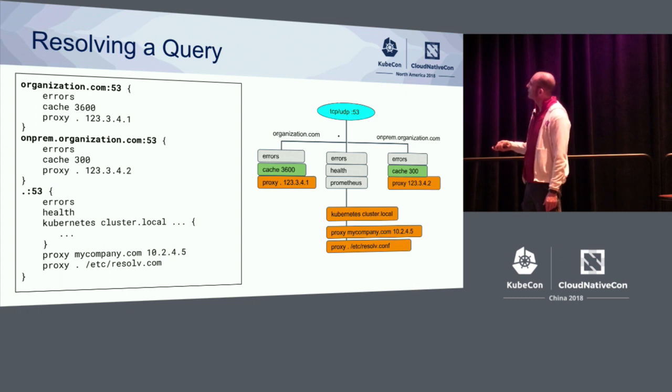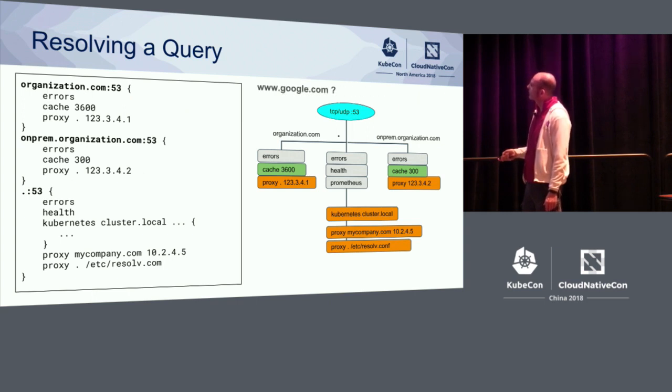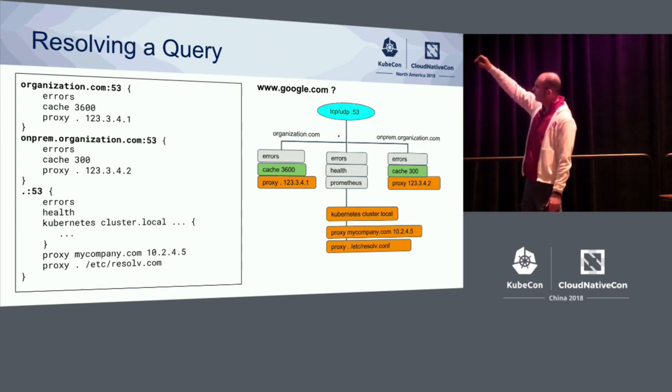Okay, last one, or next, up. I can go back up. This one, service cluster.local. So as you can see, will go central and will be resolved by the Kubernetes plugin. Next one, google.com. How does it work here? So at the top, it will go by the middle branch because it does not match anything else. And in fact, does not match anything.